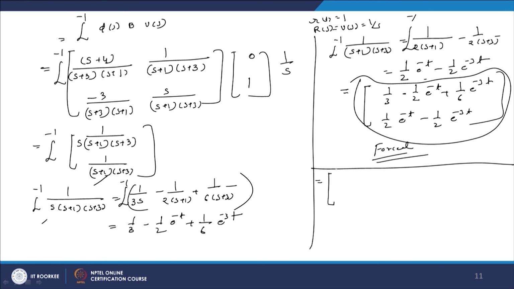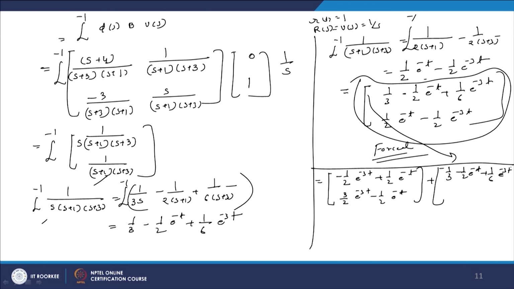First of all we write the unforced part: 1 by 2 e raised to minus 3t plus 1 by 2 e raised to minus t, and here 3 by 2 e raised to minus 3t minus 1 by 2 e raised to minus t, plus the forced part: 1 by 3 minus 1 by 2 e raised to minus t plus 1 by 6 e raised to minus 3t, and here 1 by 2 e raised to minus t, minus 1 by 2 e raised to minus 3t.